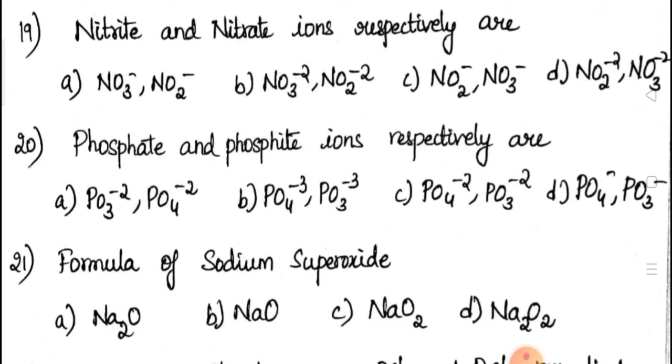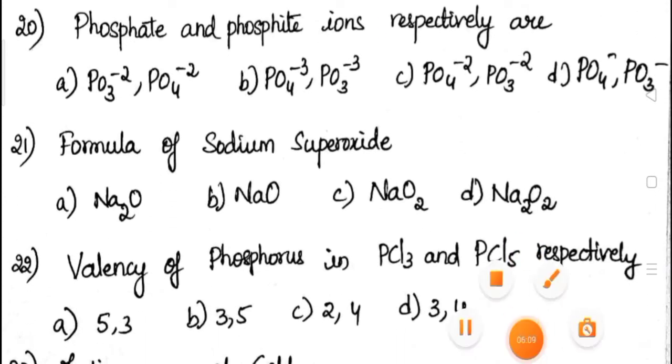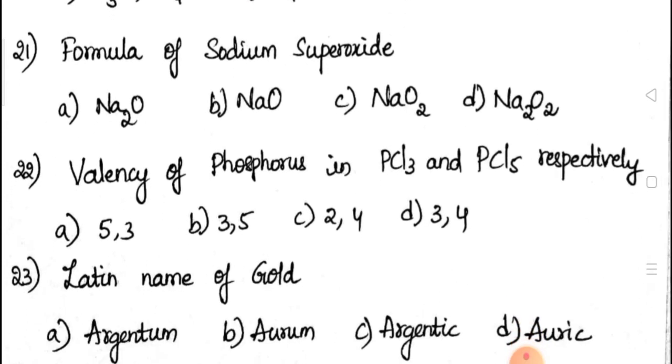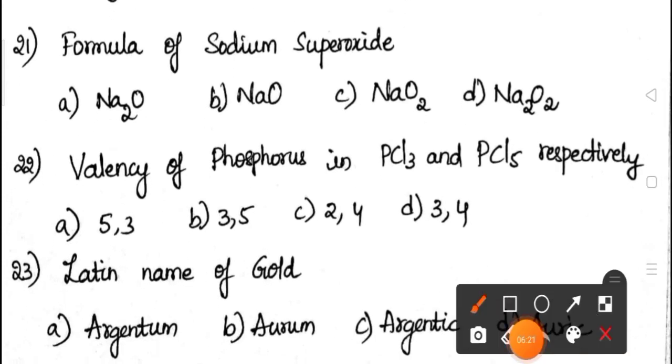Okay. 20th question. Phosphate and phosphite ions. Direct questions only. Phosphate PO4 minus 3 and phosphite PO3 minus 3. Okay. 21st question. Formula of sodium peroxide. Sodium peroxide, sodium superoxide. What is the answer here?